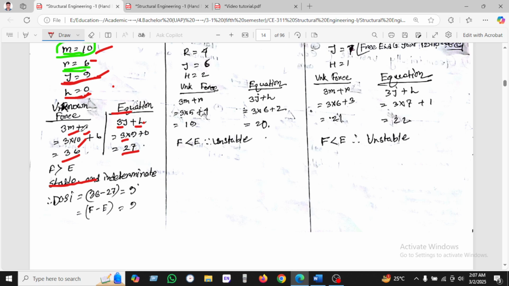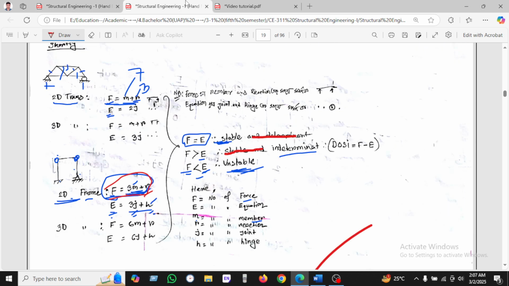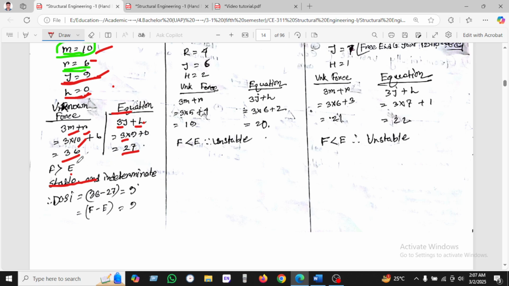So force is greater than equation, so this is indeterminate. And we can use the DOSI. We calculate force minus equation, which is 9. DOSI is the degree of structural indeterminacy.